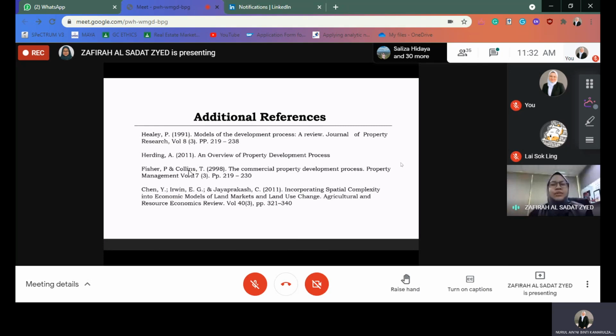So came about the agency model, where the academics were trying to see the land development process in terms of relationships of actors. So there are many actors in property development. We've talked about this last week, right? You guys wrote about who the main actors are as well on the spectrum, correct?